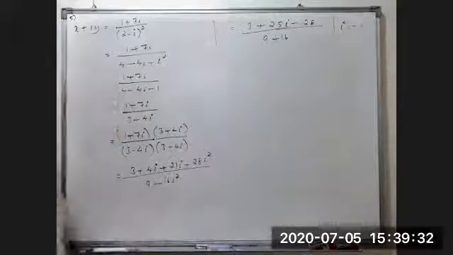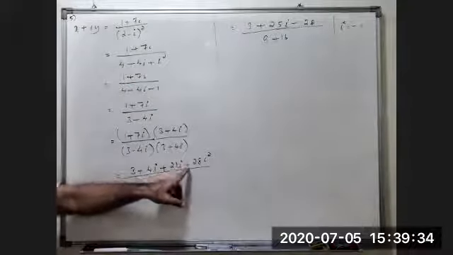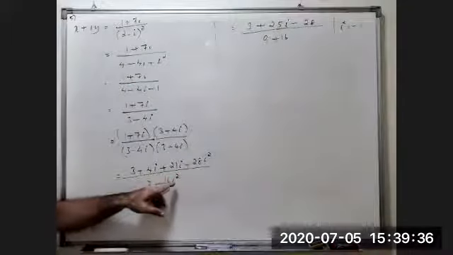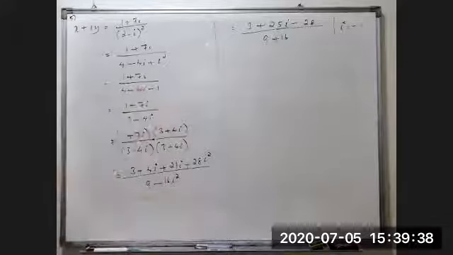You replace i square with minus 1. So here the sign changes, and the sign changes here also, because wherever i square comes, the sign is the opposite.